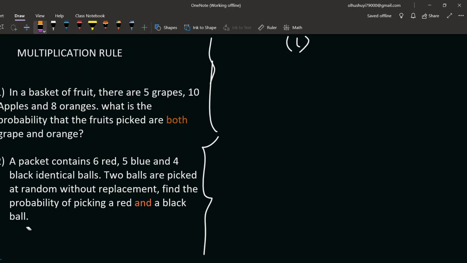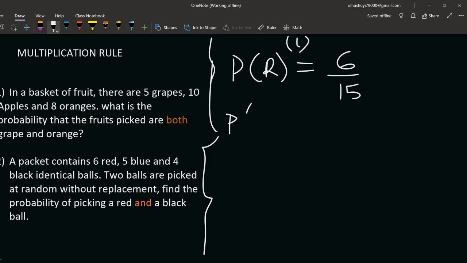So the probability of picking a red, probability of R, will be 6. How many balls do we have altogether? 6 plus 5 is 11, plus 4, that is 15. Then the probability of picking a black ball. Don't forget, there was no replacement.